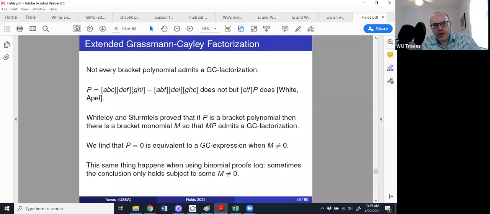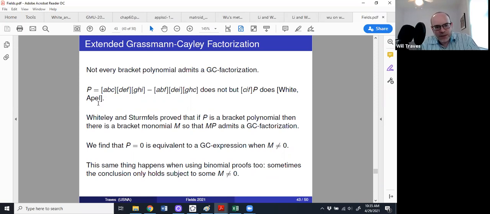Okay, just a few more remarks about Grassmann-Cayley factorization to set us up for Wu's algorithm. So not every bracket polynomial admits a Grassmann-Cayley factorization. So it's possible that my efforts before were futile. It turns out they weren't, but I was trying to factor this pure condition, and it might not have had a Grassmann-Cayley factorization.